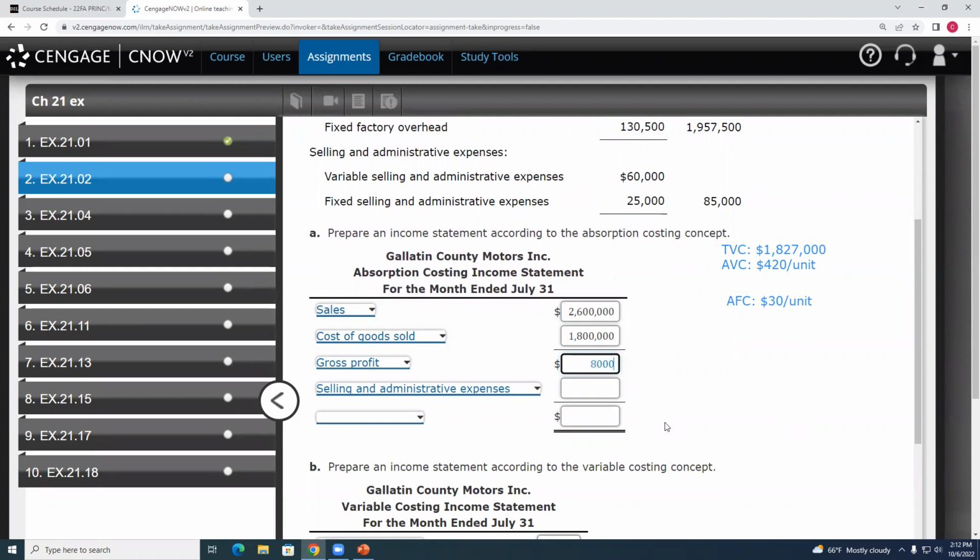Leaving us a gross profit of $800,000. Our selling and administrative expenses combined are $85,000. Since our gross profit exceeds the selling and administrative expenses, we have a positive operating income of $715,000.